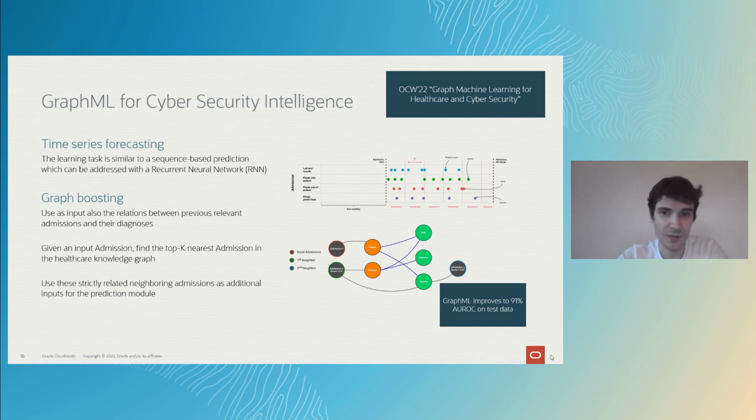Using GraphML techniques can boost results in use cases such as predicting the relationships between patients and diagnoses, and it can be quite helpful there. So again, it's one use case where maybe the data didn't look like a graph at the beginning, but turning it into a graph actually made a difference and improved the accuracy.